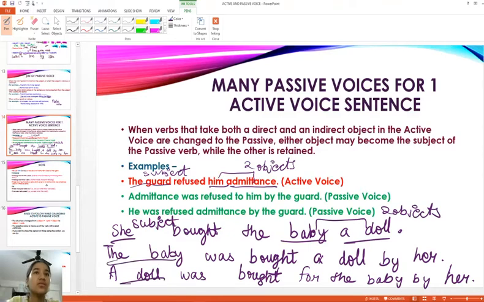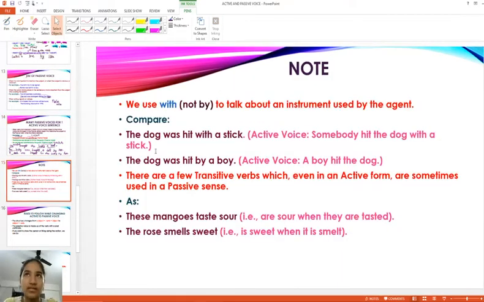Understood? The note: we use with, not by, to talk about an instrument used by the agent. That means we don't use by, we use with. The dog was hit with a stick. The dog was hit by a boy. But when we use any instrument or object to do some action, we use with, not by.